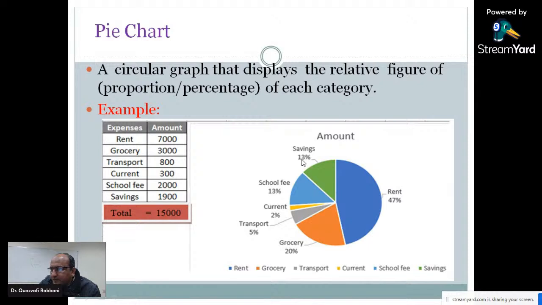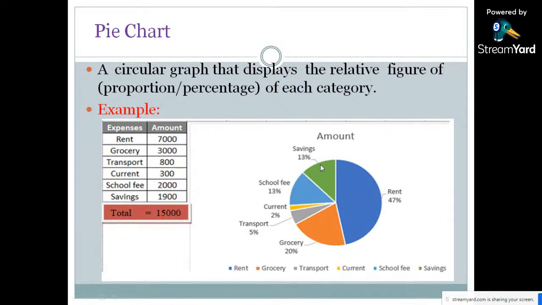So here 7,000 divided by 15,000 multiplied by 100. This is the rent, and rent is 47%. So this area from the center is 47% of the total. This area represents the expenses on rent. This is the 13% saving.